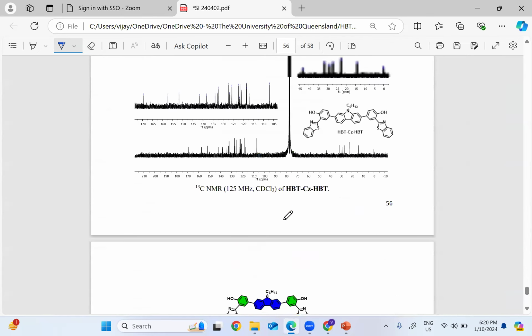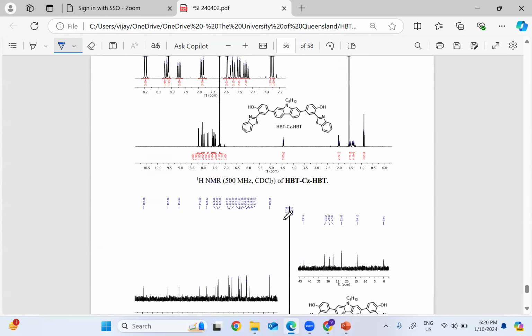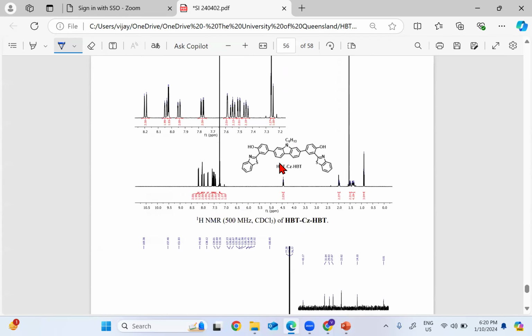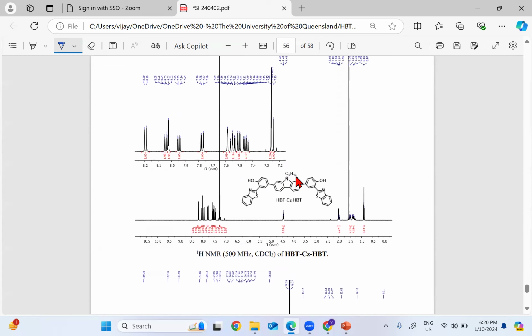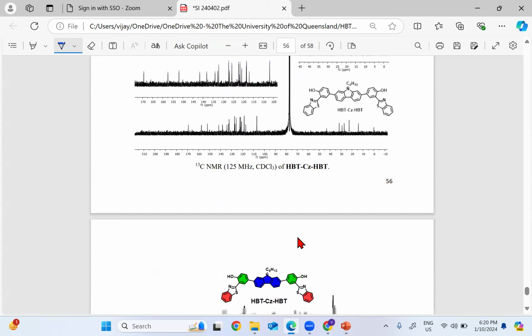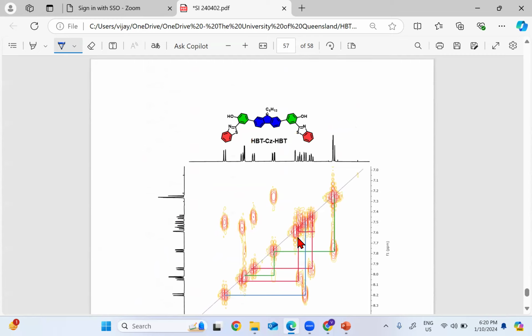So here also the same example, the molecule is almost the same, only instead of fluorine, here it is carbazole, and which has this hexyl chain. In between there is also a benzothiazole group, phenyl ring. This is the carbazole.